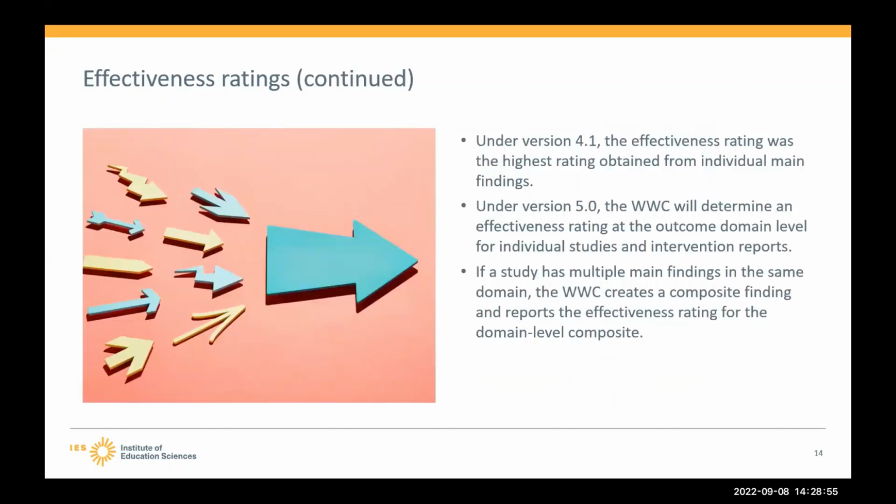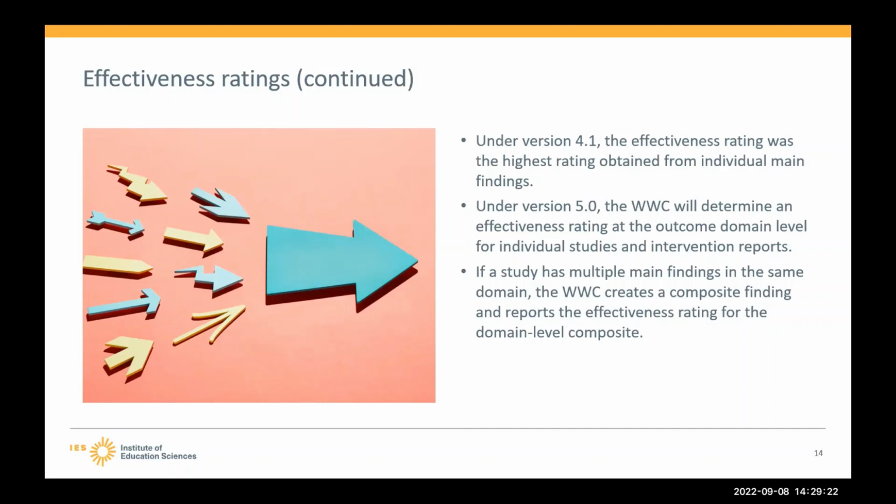So here's an example. Under 4.1, there were multiple ways that a study with more than one main finding in an outcome domain could have received the old positive effects rating. One path involved whether there were any statistically significant findings that survived a multiple comparison correction process. And another path involved assessing the statistical significance of a composite finding for all the main findings in the domain.